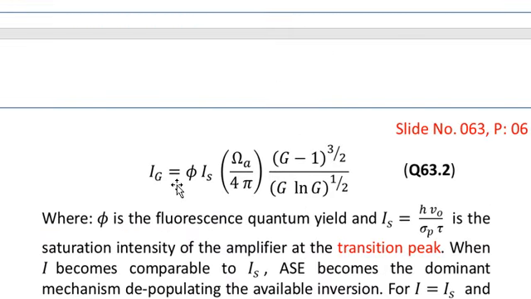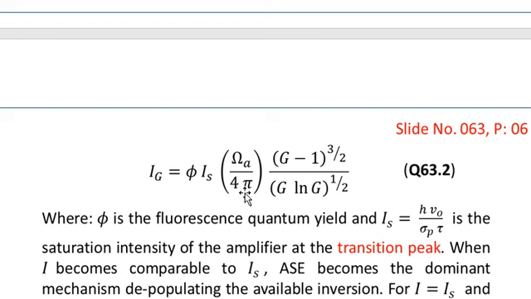And for the Gaussian saturating beam for the same geometry, that is for geometry A, we are going to give you IG, the saturating beam in case of Gaussian profile. IG is equal to phi into IS, and then we have sigma A over 4 pi.